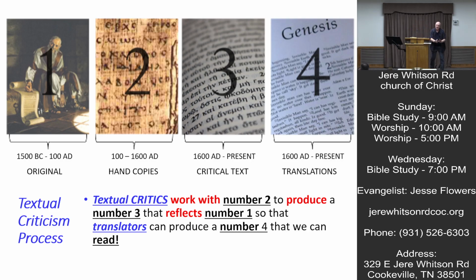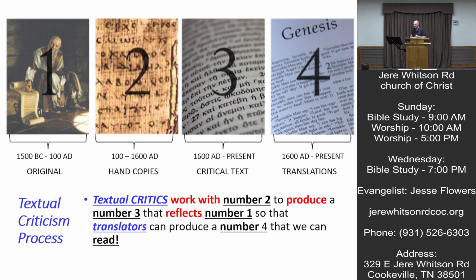That text then becomes the foundation for the translator to come in and translate from the original language to the new language. So they can then produce the number 4, the translation, for us to read. And that's how we get from the beginning to the end on this, okay?